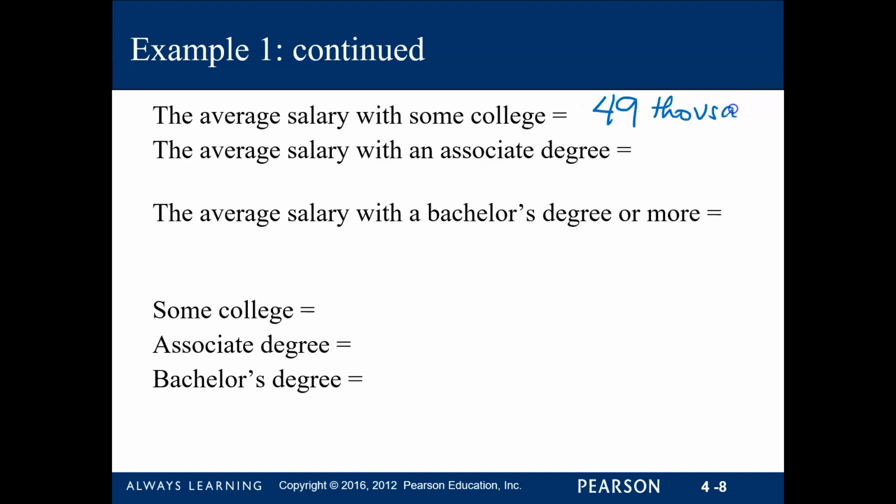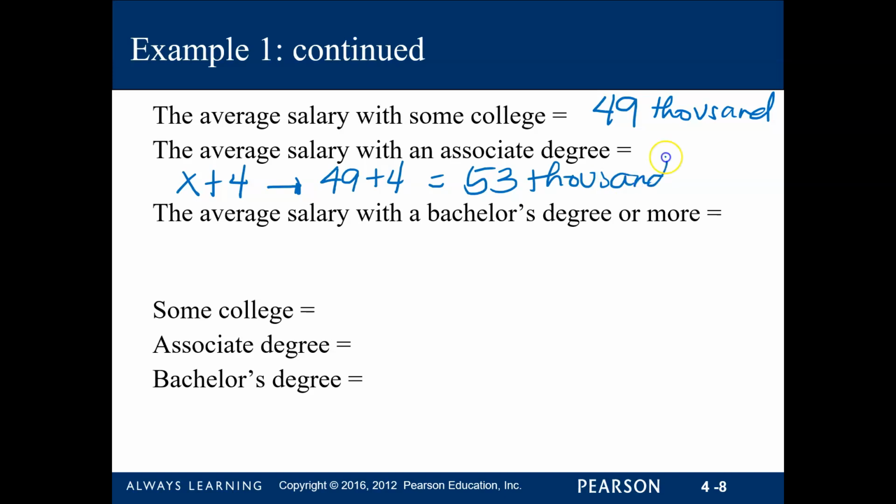For the associates, we know it's going to be x plus 4, correct? And so that will be 49 plus 4, which is going to be 53,000. And then for bachelors, it is represented by x plus 40. So that would be 49 plus 40, which is going to be 89,000.